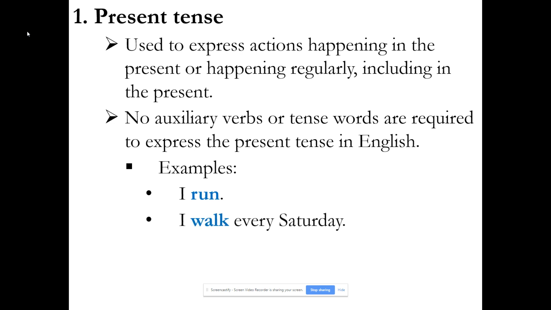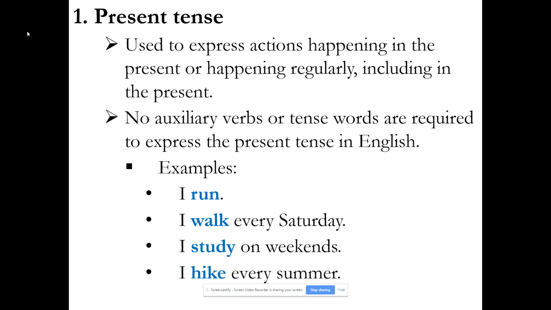I walk every Saturday. I study on weekends. I run is just expressing that run is something I do habitually. Present tense verb conjugation of to run. I walk every Saturday, a habit. I study on weekends, a habit. Present tense. I hike every summer, another habit.